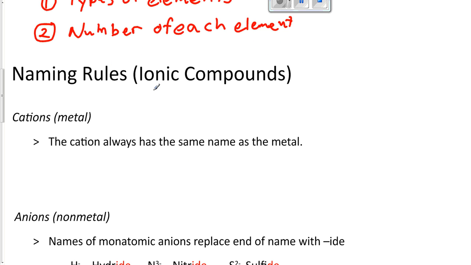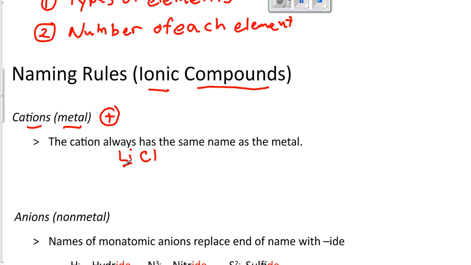We're going to start off naming what are called ionic compounds. Ionic compounds are formed with a metal cation, and that is the positive ion. The cation in this case is always going to have the same name as the metal. So let's look at a simple one here. Let's say we want to write the name of this formula, LiCl.